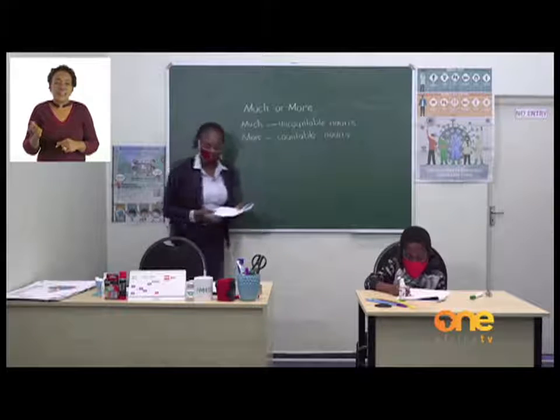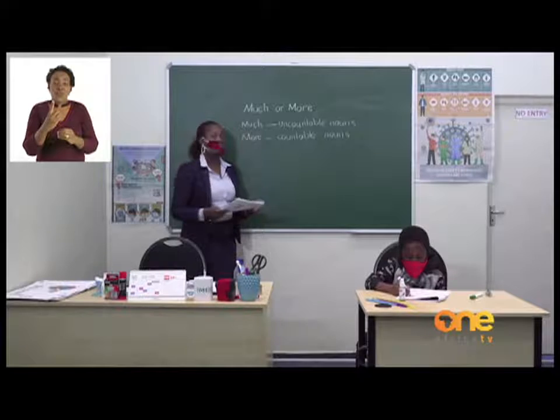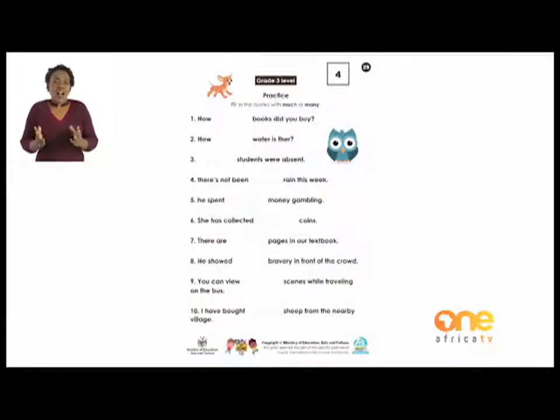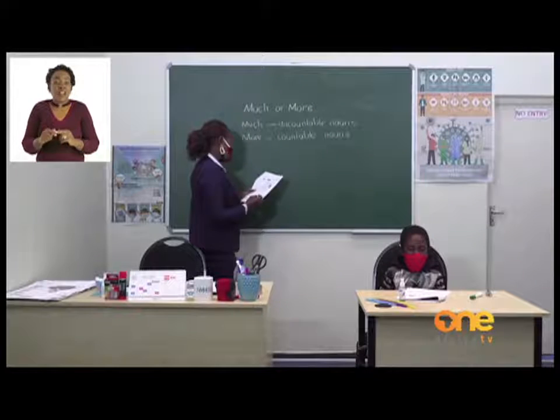At number 1, there's a question. How dash books did you buy? From our booklet, go to number 1. It's written, how dash books did you buy? We can count books.